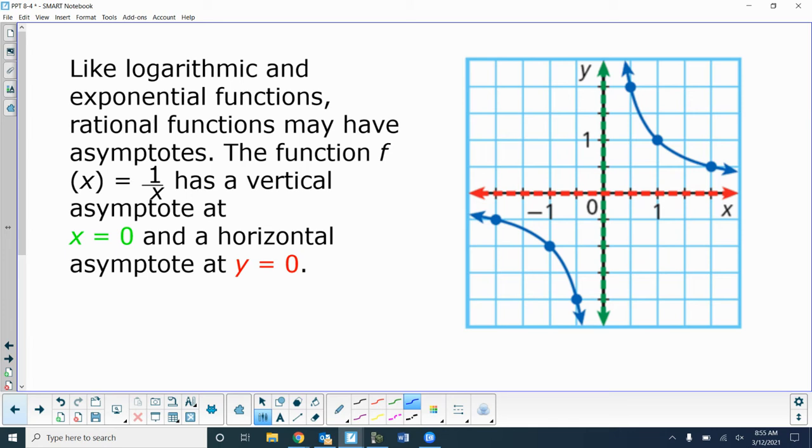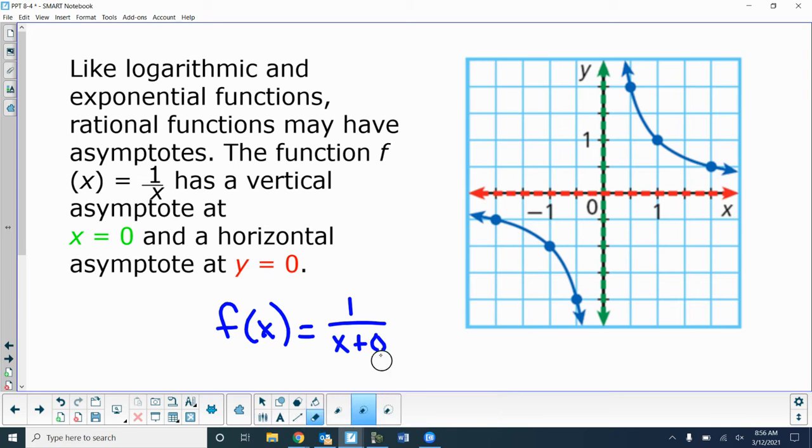So if we wrote it in the form they just showed us, it's 1 over x minus 0, plus 0. That's why the vertical and the horizontal asymptote were 0 in that problem. They just never write it like that.